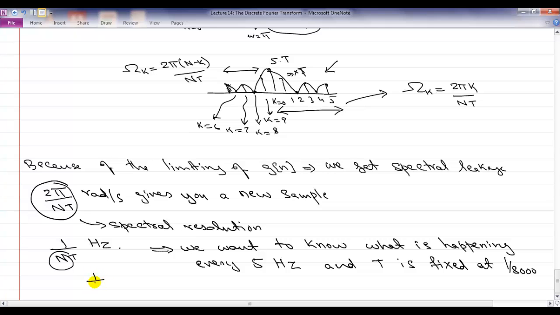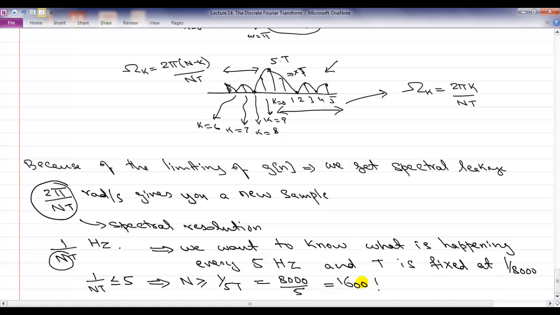So what we are saying is we want 1 over NT to be less than or equal to 5. This means that N has to be bigger than or equal to 1 over 5T. This means that 8,000 divided by 5, 1,600.